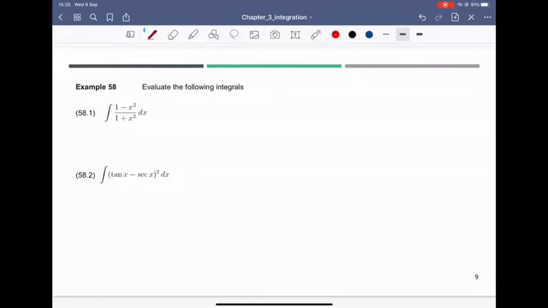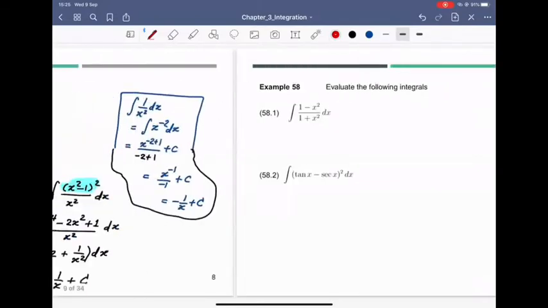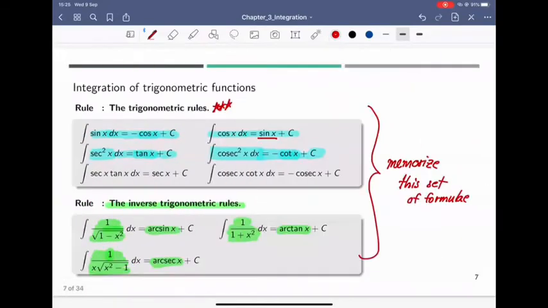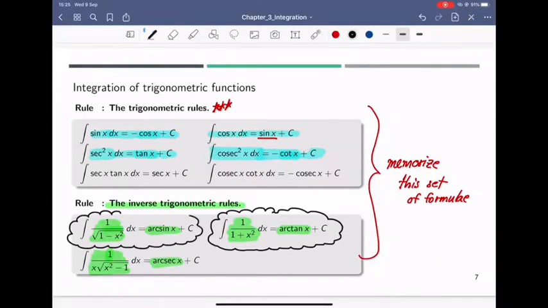If you memorize the previous slide, I have one set of formulas for the inverse trigonometric rule, and then you can see that I have this formula: integrate 1 over 1 plus x squared equals arctan x, and also I have 1 over square root of 1 minus x squared equals arcsin x. We're going to use these two formulas again and again, so memorize them.